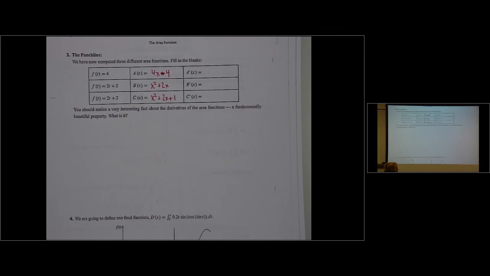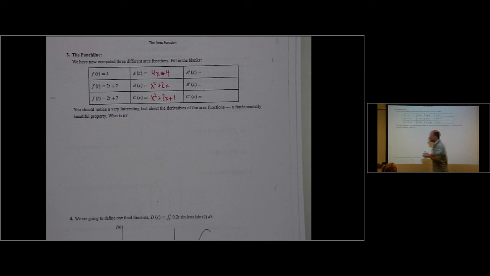Okay, those are area functions. I call them sometimes an accumulation function because they're gathering up area, right? As x goes farther, these are gathering up more area because they're positive functions. If the function was negative, then it might start subtracting area. But in any event, it's accumulating area.